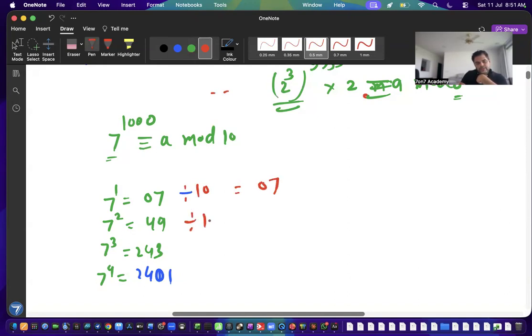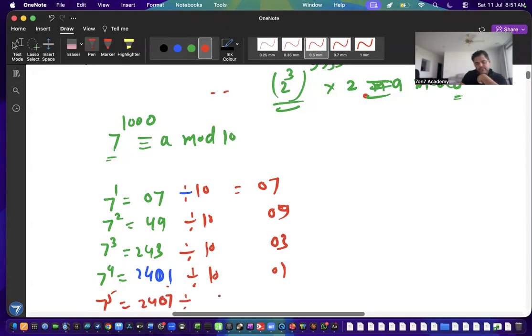If you divide by 10, it will give 9 as the remainder. If you divide by 10, it will give 3 as the remainder. If you divide by 10, it will give 1 as the remainder. If you take the next number, 7 raised to 5, you again multiply 7 on it, you will get 2407.